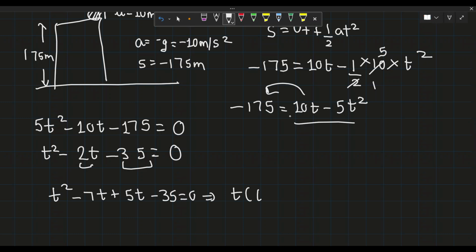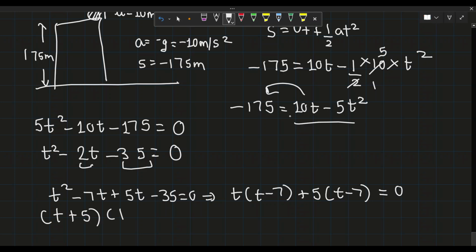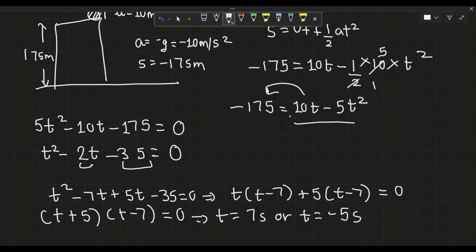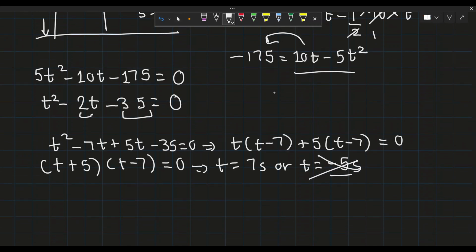Taking common, t into t minus 7 plus 5 into t minus 7 equals 0. So t plus 5 into t minus 7 equals 0. So we get the values of t as 7 seconds or t equals minus 5 seconds. As the value of time can never be negative, the answer to this question would be t equals 7 seconds.